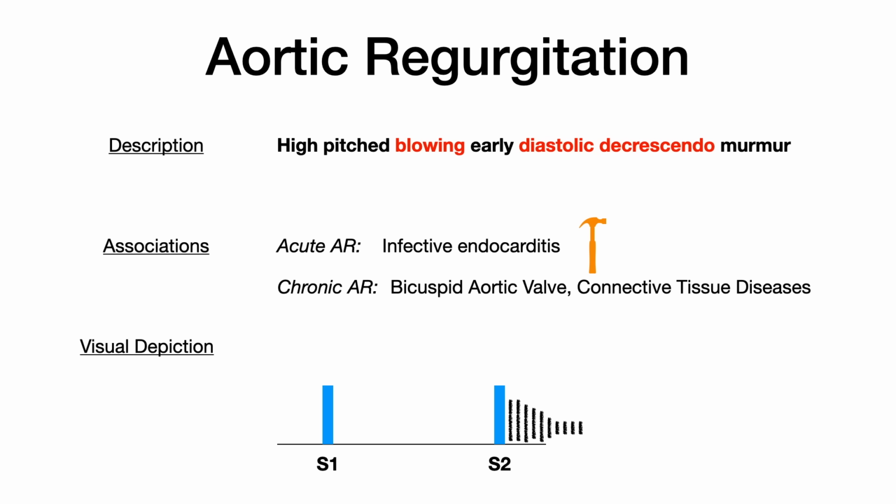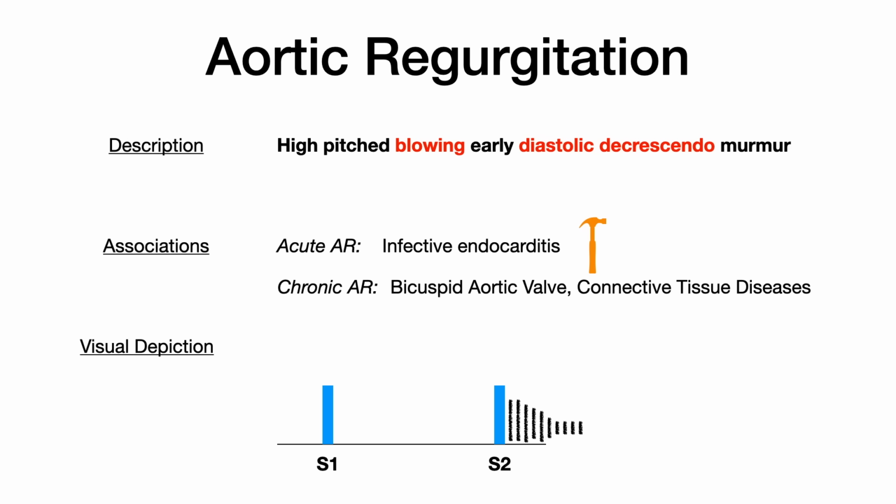But because the pulse pressure is so widened due to the aortic regurgitation, patients actually feel the systolic pulse. So they feel that huge excess stroke volume that's trying to squeeze out all of that blood that gets retrograded, if that's a word, back into the left ventricle. So with every stroke, there's such a high volume of blood coming out due to the regurgitation, the patients actually feel it.